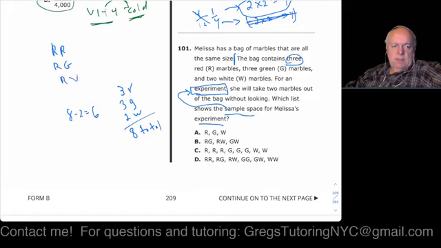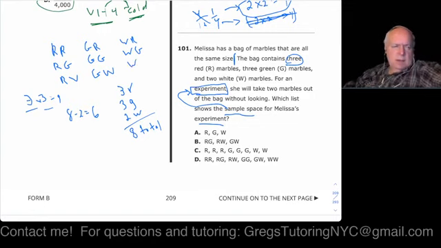We're basically going to get 9 choices. We have 3 for the first one and 3 for the second one. So we multiply that out and get 9. Okay. So then we're going to have red, red, red, green, red, white. We're going to have green, red, green, green, and green, white. And then we're going to have white, red, white, green, and white, white.